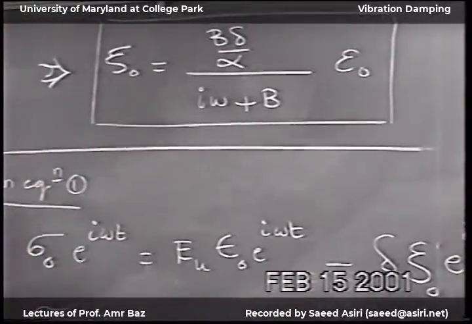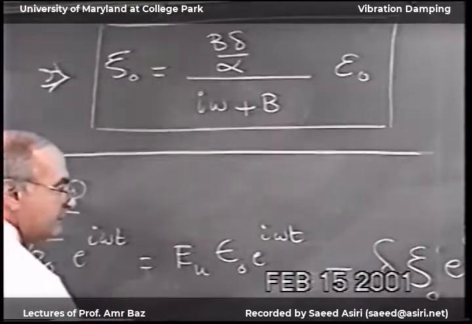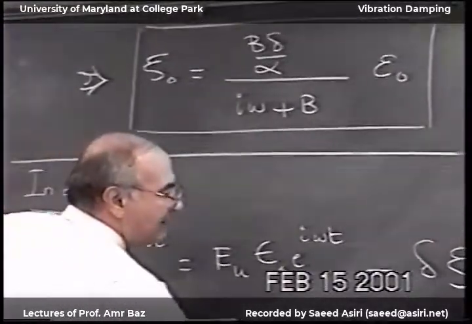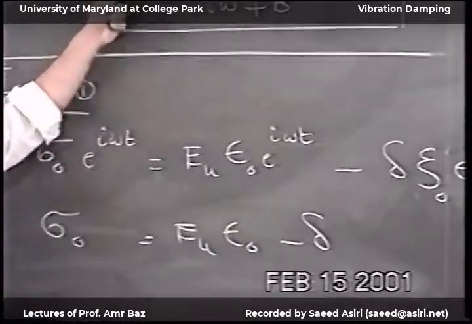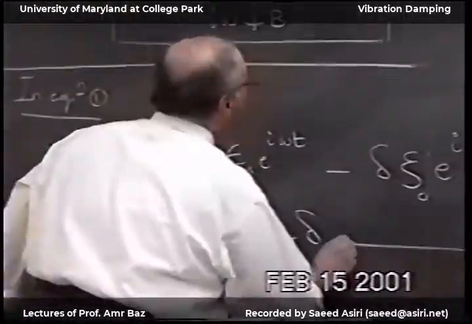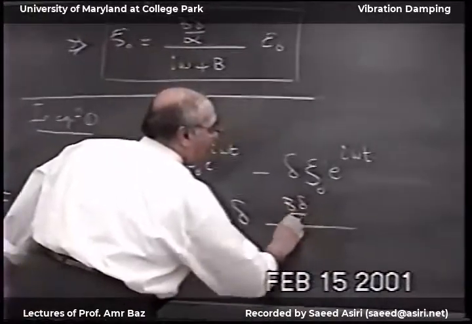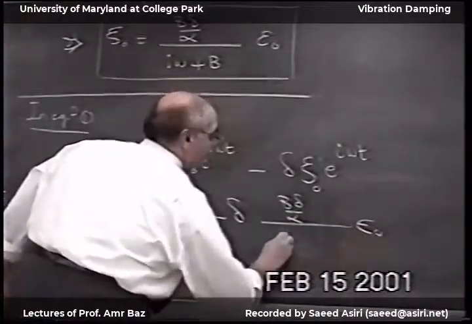Then we'll have sigma 0 equal to EU epsilon 0 minus delta zeta 0, and instead of zeta 0, I'll replace it from here. So now this will be B delta over alpha epsilon 0.